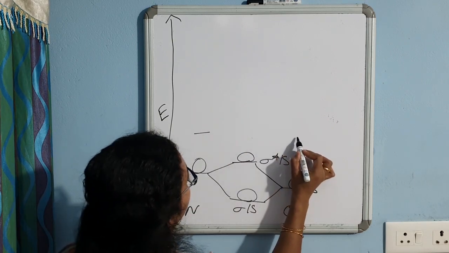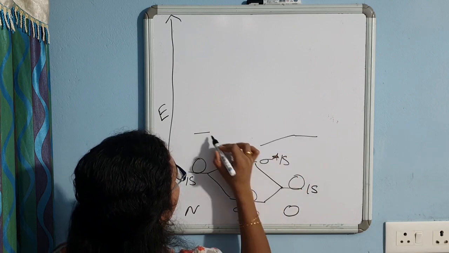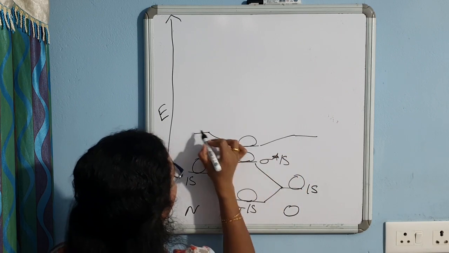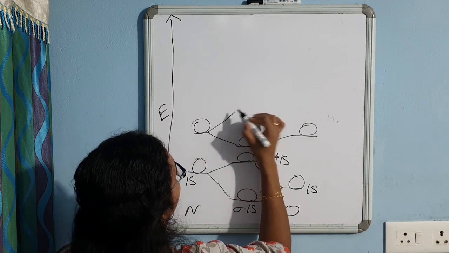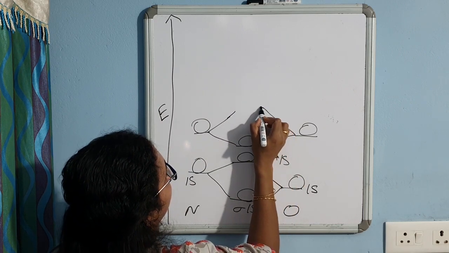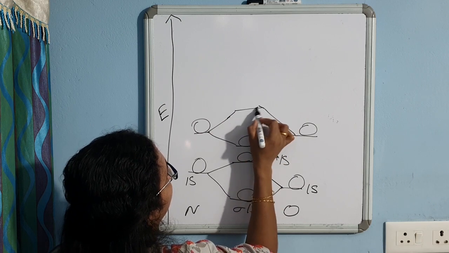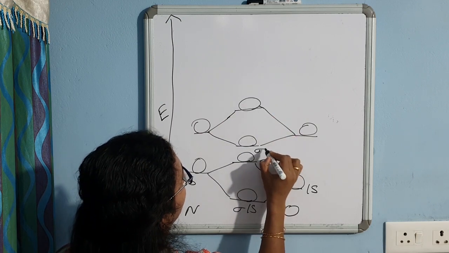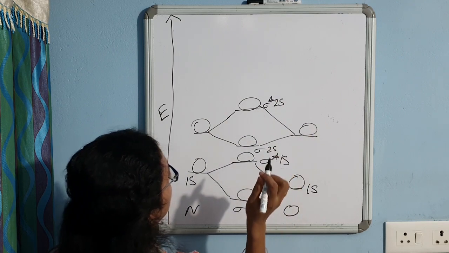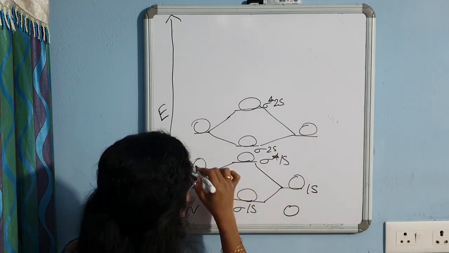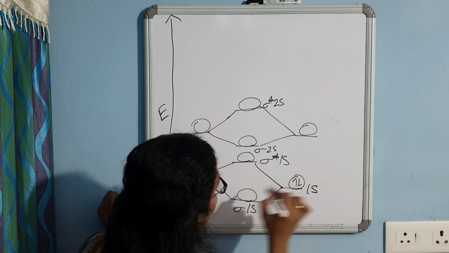The same way, 2s combine by addition to give sigma 2s and by subtraction to give sigma star 2s. So we can fill the electrons also.